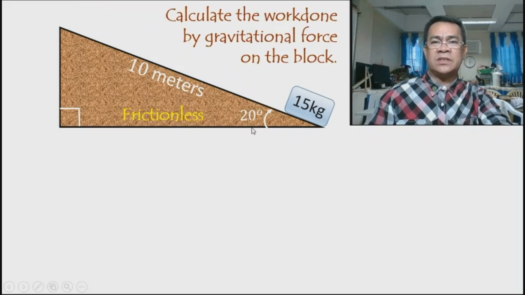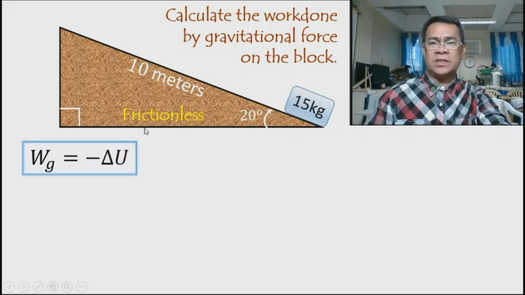Okay, so the question is, calculate the work done by the gravitational force on the block. Now remember that this object starts here at the upper end of the incline and ends at the lower end of the plane. How much is the work done by gravity on the 15 kilogram object along the length of 10 meters, inclined at an angle of 20 degrees, and the contact is frictionless?